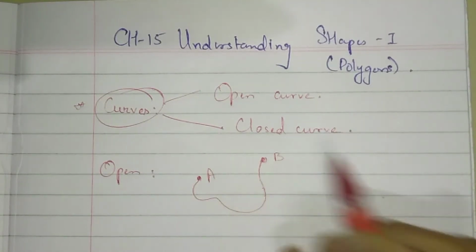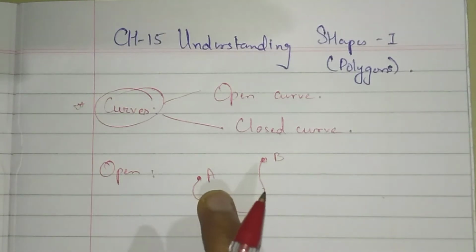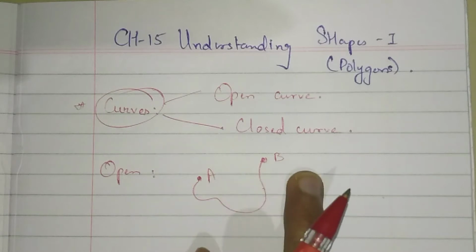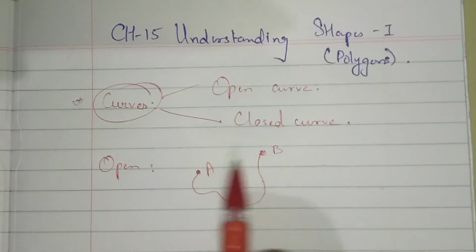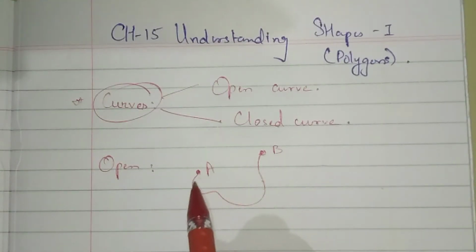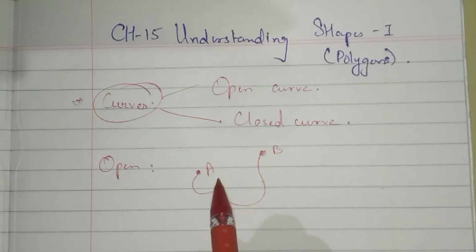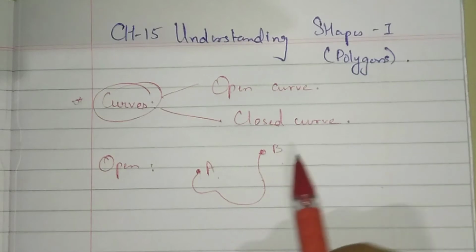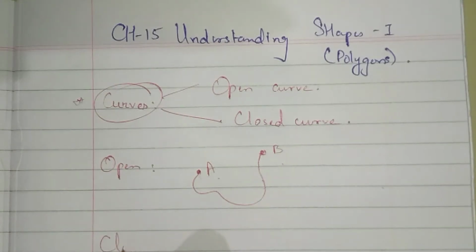Here two points are there. Point A is one point and point B is another point. If your curve opens at one point and closes at another point, this is called an open curve. And what is a closed curve?